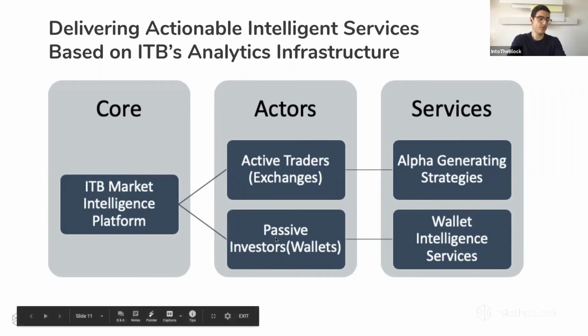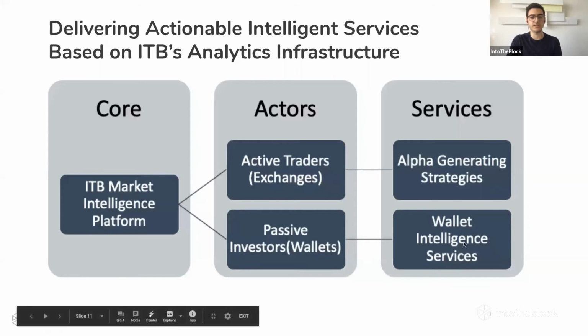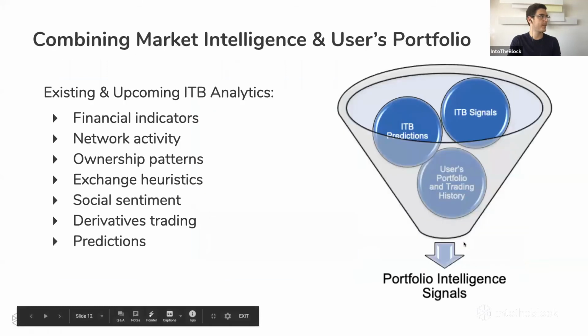And there's also specific investors or holders, which could be either yourself or through a third-party wallet service. And finally, depending on the actor you use and your patterns in general, you might be more interested in alpha-generating strategies to be supplied by Into the Block, or intelligence service in other areas that I'll get into right now.